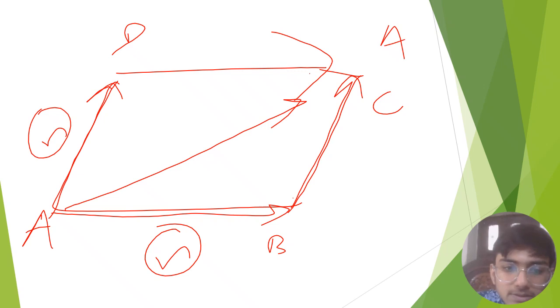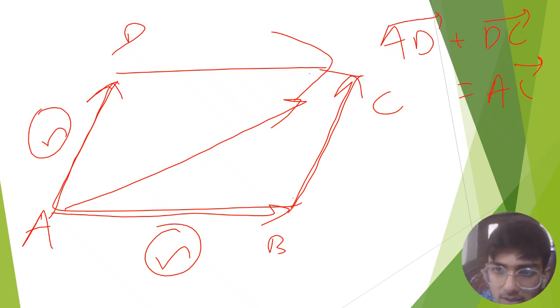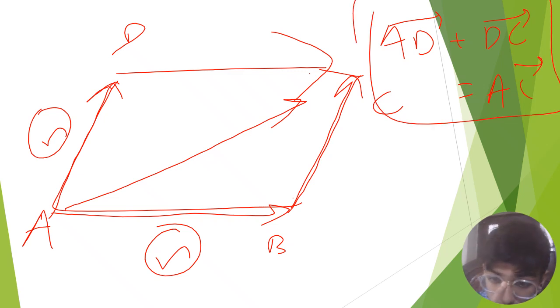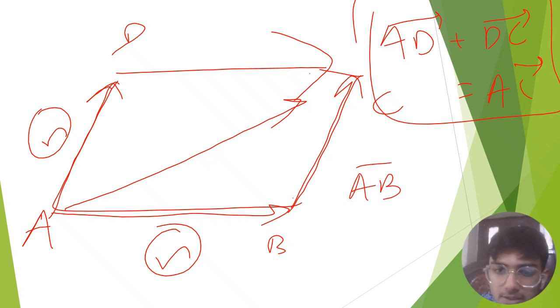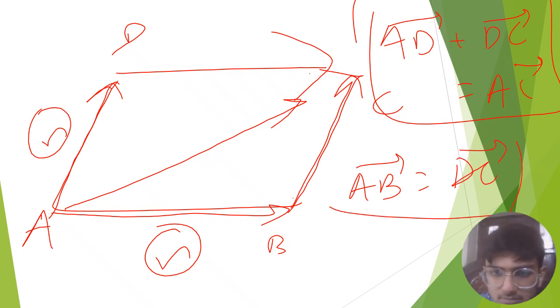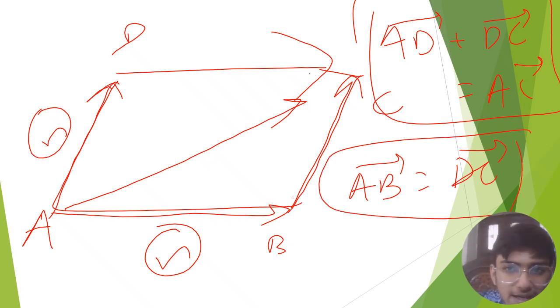Now AD vector plus DC vector gives you AC vector, which is the diagonal vector. This is the basic vector law of addition which you must know. AB vector and DC vector are parallel and mean the same. So just add AD and DC vector, you will get AC vector.